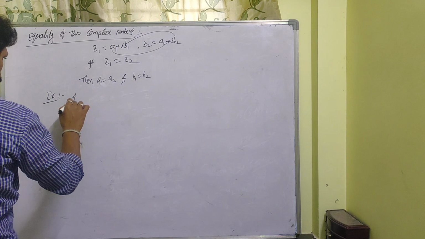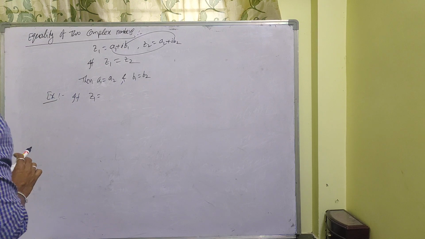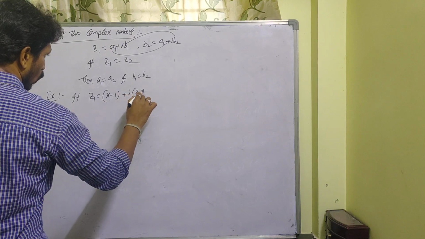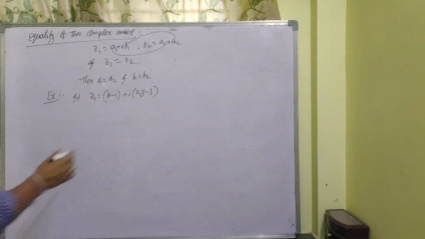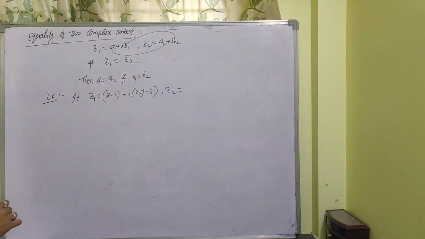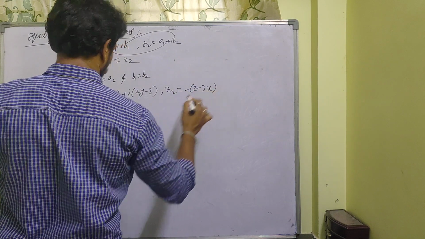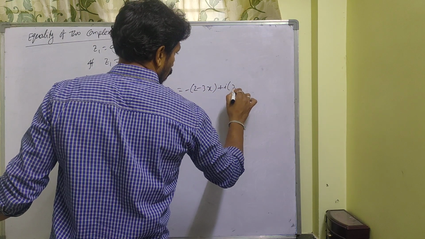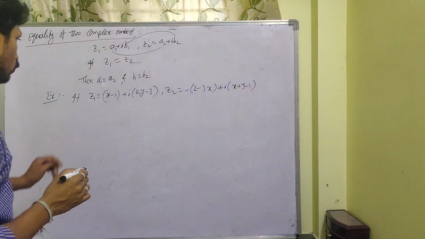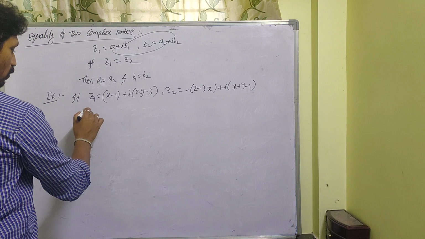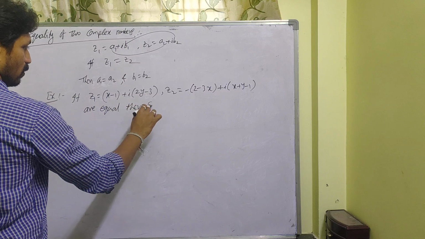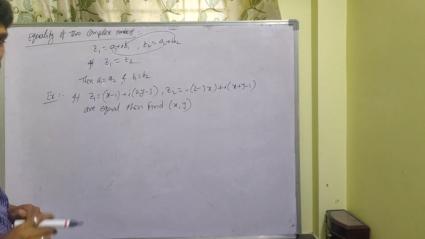Okay, see, you take one example. If z1 is equal to (x minus 1) plus i into (2y minus 3), and z2 is equal to minus of (2 minus 3x) plus i into (x plus y minus 1) are equal, then find x comma y.